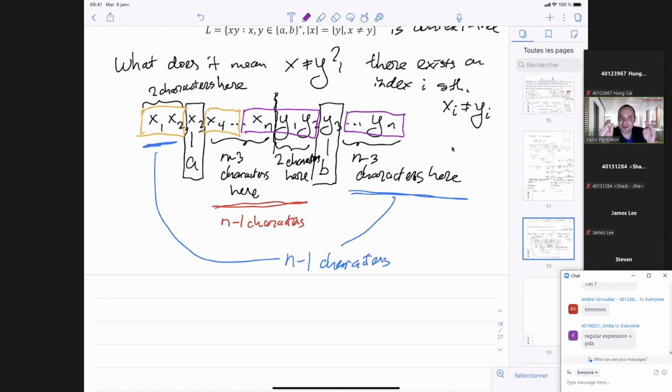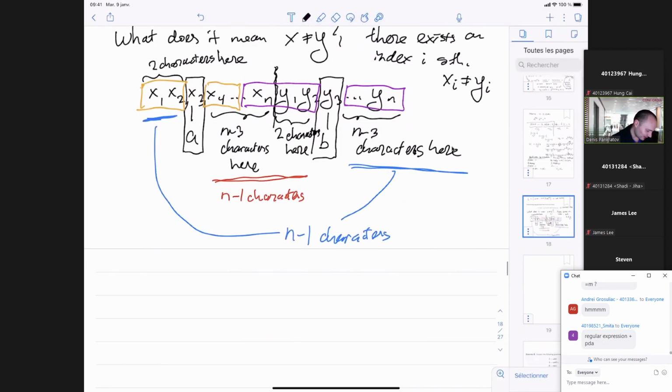And if you look at this decomposition, now it looks like something you can generate by a context-free grammar. Why? Because it looks like this. You have character A followed by some number of, so let me write it like this now.